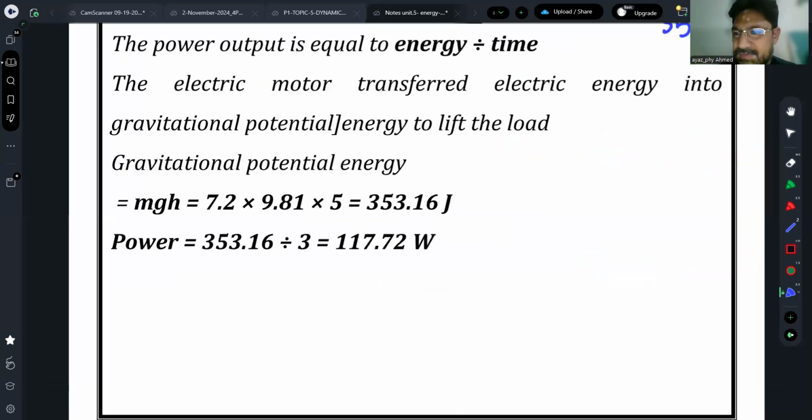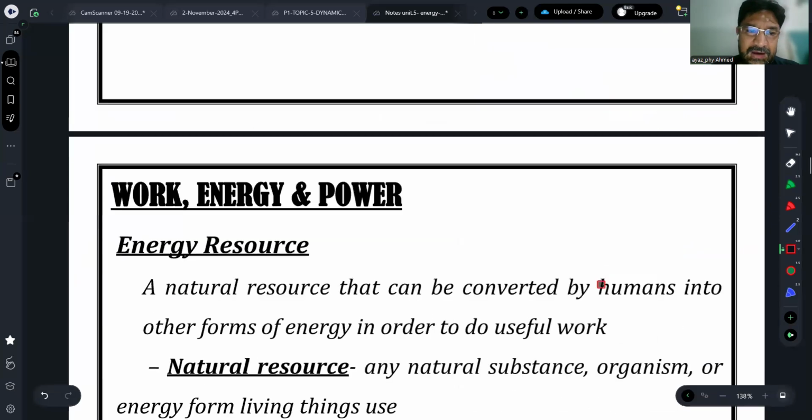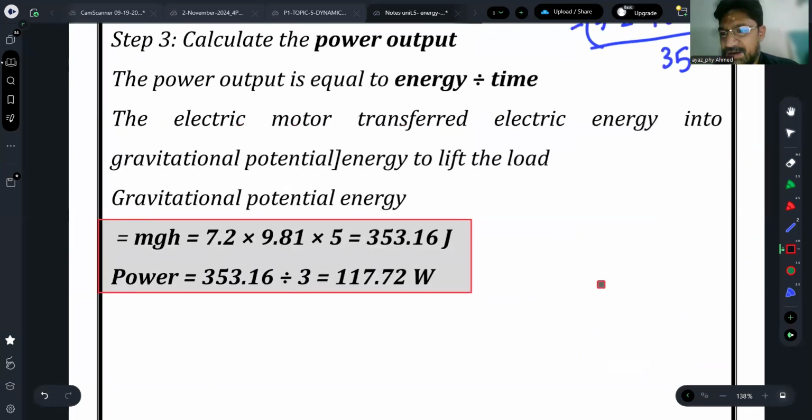this much. Okay, this is basically step-by-step calculation. I have calculated output energy and then output power, 117.72, and then we have used that in the calculation. With the help of calculation, this is your output power. So what was input power?